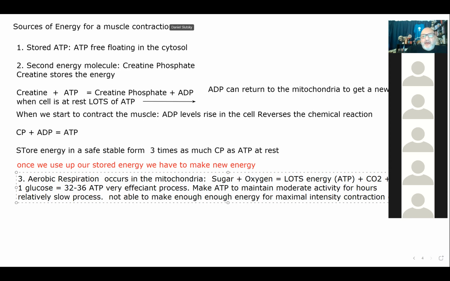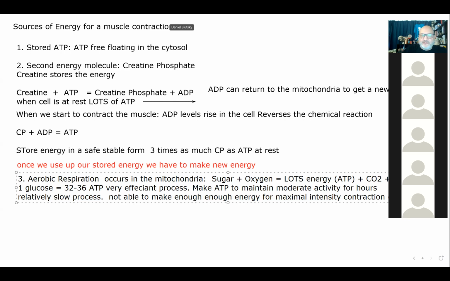If you've taken micro, or maybe 400, you learned about the Krebs cycle, the citric acid cycle, where basically the sugar is broken up into two pyruvic acids. Those pyruvic acids enter the mitochondria, and basically one carbon at a time is ripped off of it as it goes around and releases the energy. So even if you had all the resources available, it still takes time. And if you're using ATP fast enough, you're not going to be able to keep up.